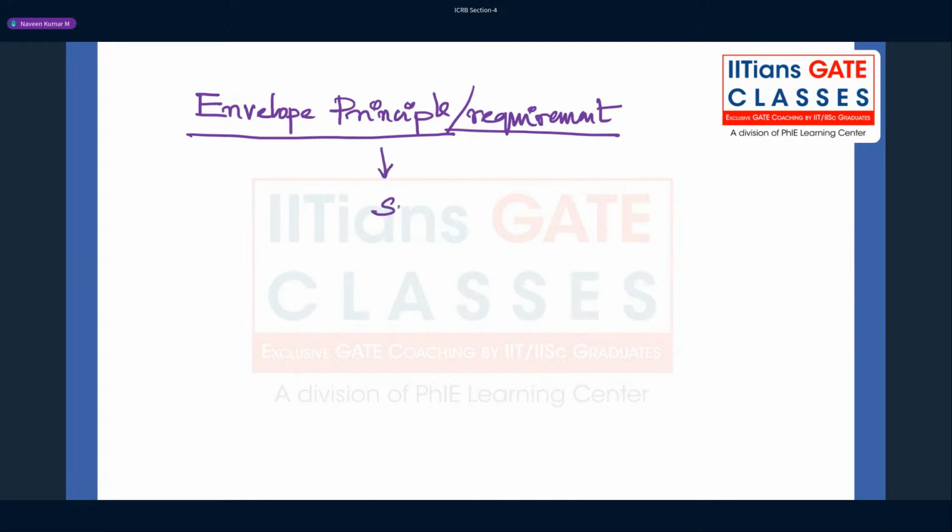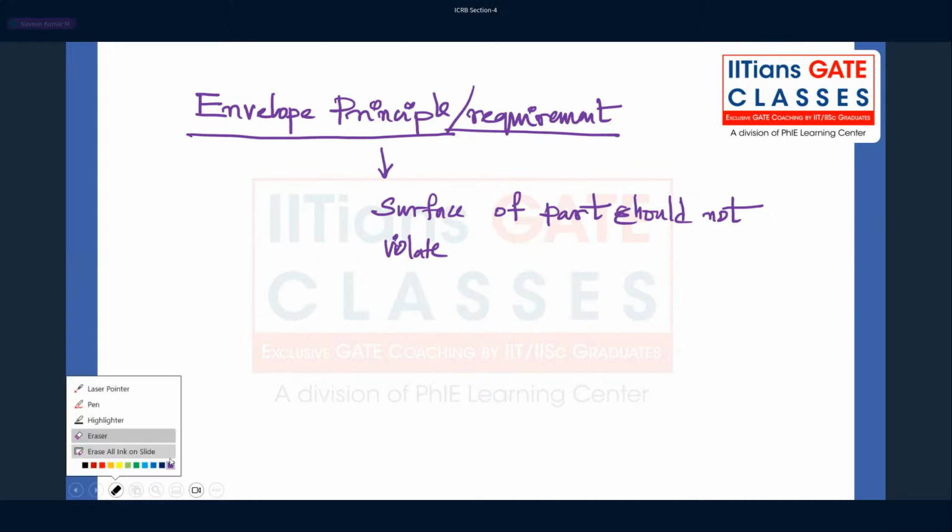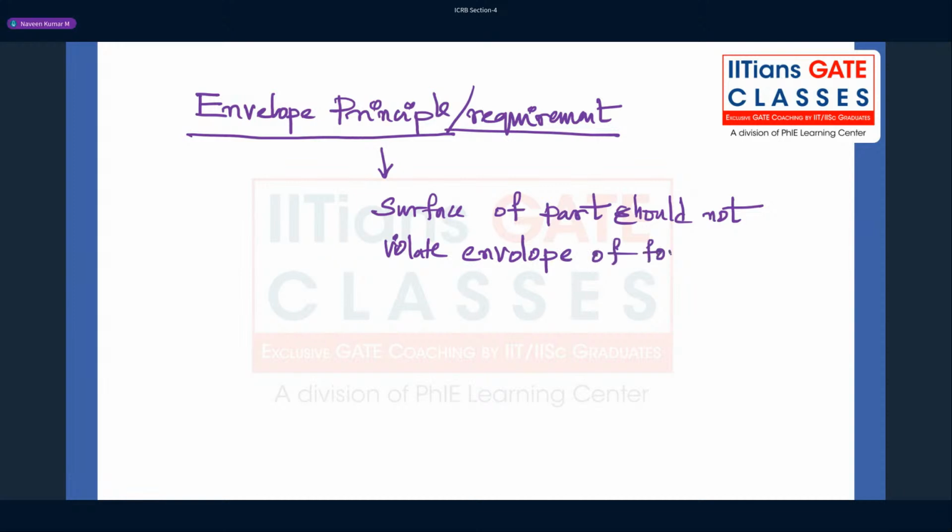So surface of a part should not violate an envelope of form.